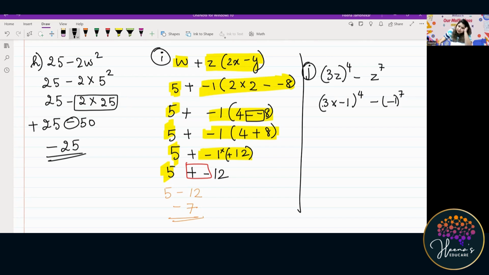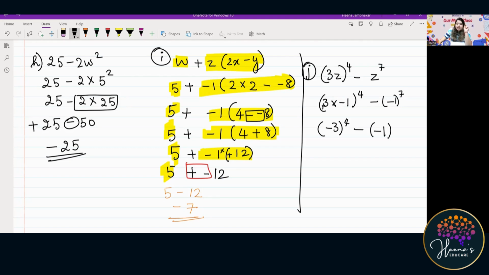Very easy sum. 3 into 1 gives you 3 and positive into negative will give you a negative raised to 4. Minus, now 1 into 1 into 1, 7 times, right? So basically you're just going to get a 1. Now raised to 7, 7 is an odd number. So what will you write? A minus 1. It is going to be a minus 1.